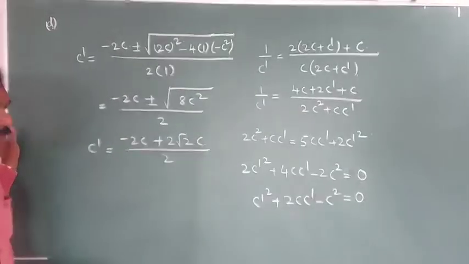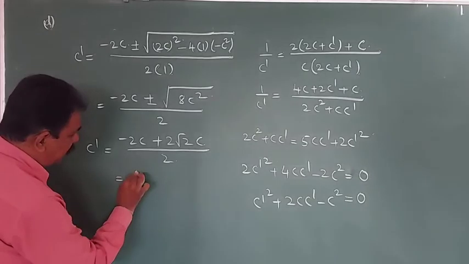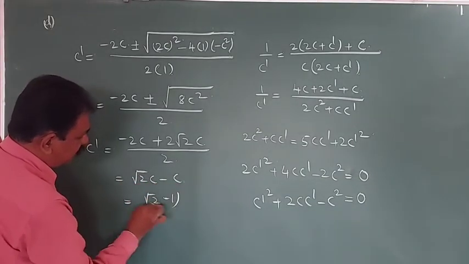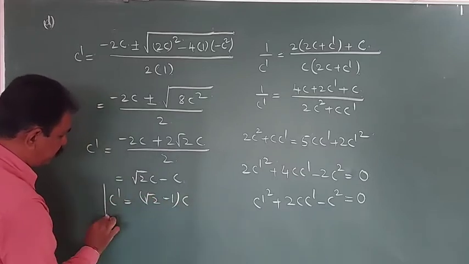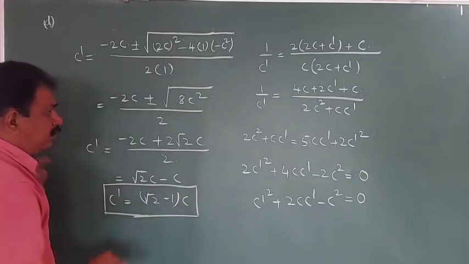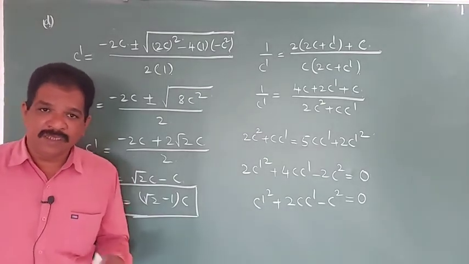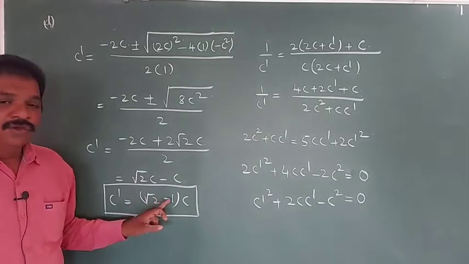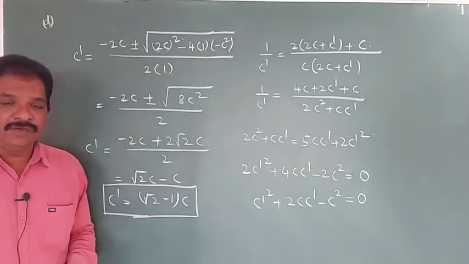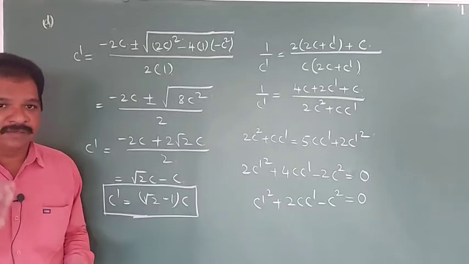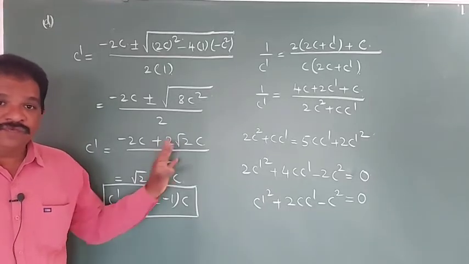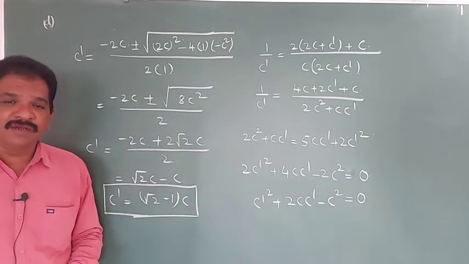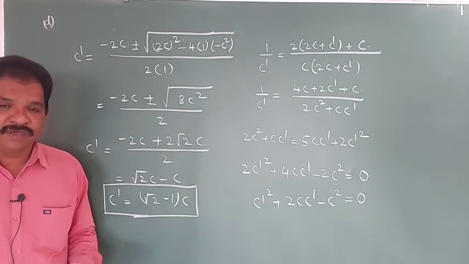If you take 2 common and cancel, this value root 2 C minus C, root 2 minus 1 into C. So effective capacity between A and B in that given circuit is root 2 minus 1 into C. This is another model. Understand? Infinite circuits. Infinite circuit, just you can remember the answer, and if you mark that is also enough.